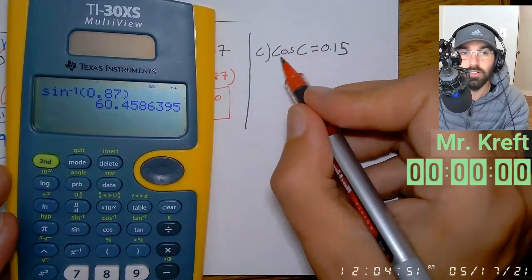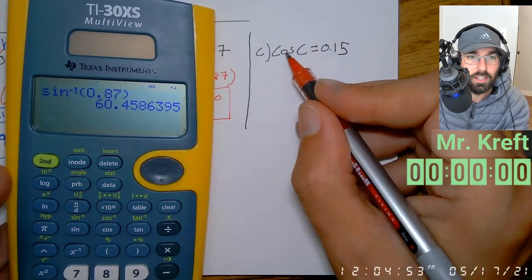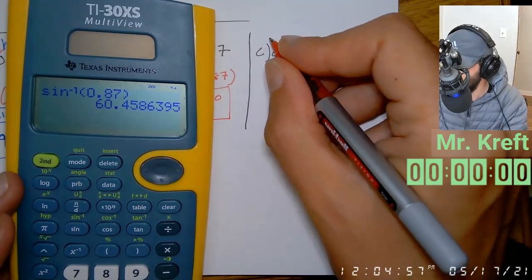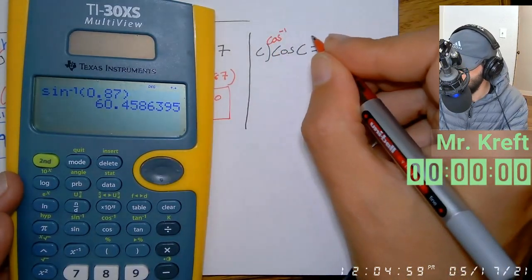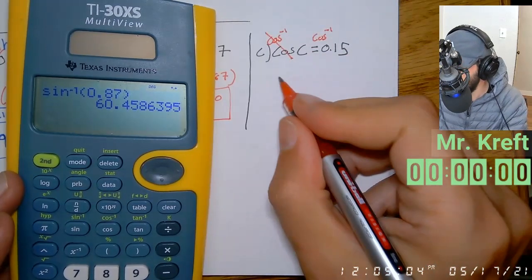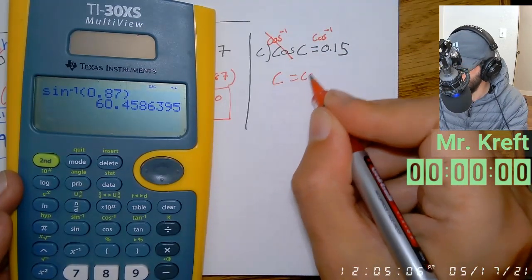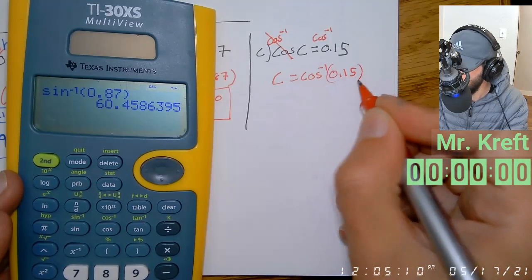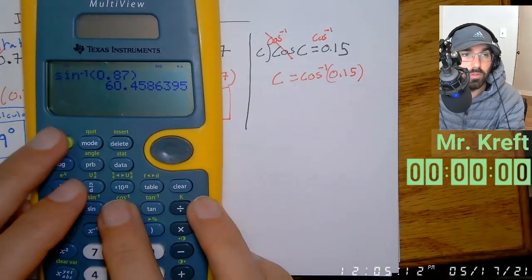Okay, here I'm going to do the same thing. I have cosine of C, right? And yes, that looks really good. Your answer is looking awesome. So I'm going to take cosine inverse. Cosines go away. I get angle C equals cosine inverse of 0.15. So I'm going to do that in my calculator.